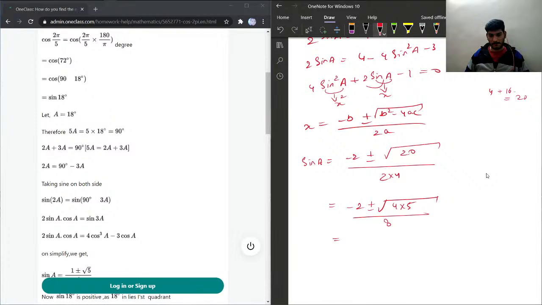This will become minus 2 plus or minus, I can take this out from the root because square root of 4 is 2.